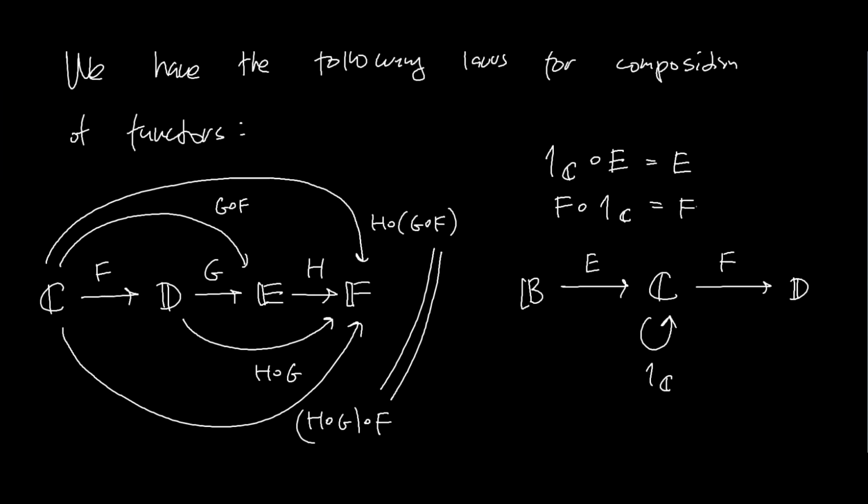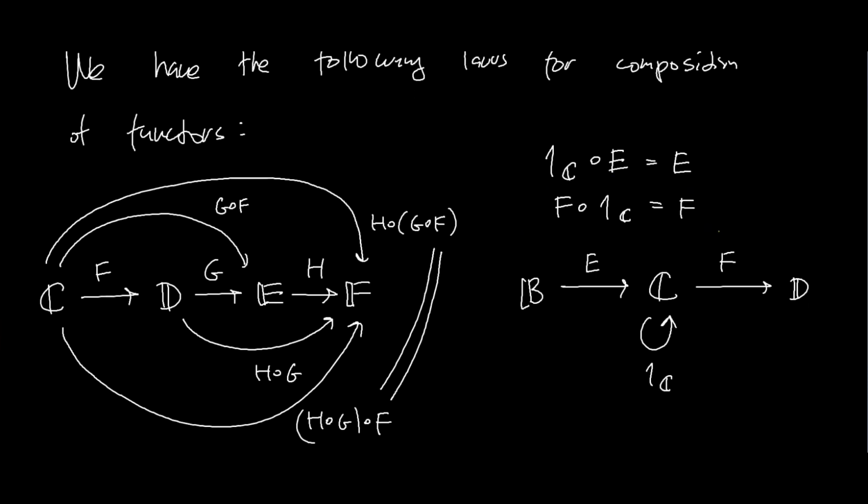So what does this mean? What conclusion does this bring us to? The fact that functors between categories compose in an associative way, and there are identity functors for every category that satisfy these identity laws.